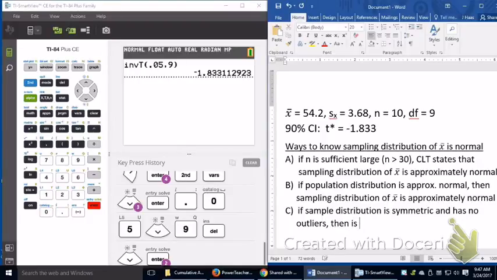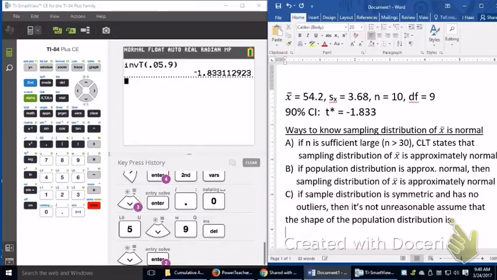Then it is not unreasonable to assume that the shape of the population distribution is approximately normal.